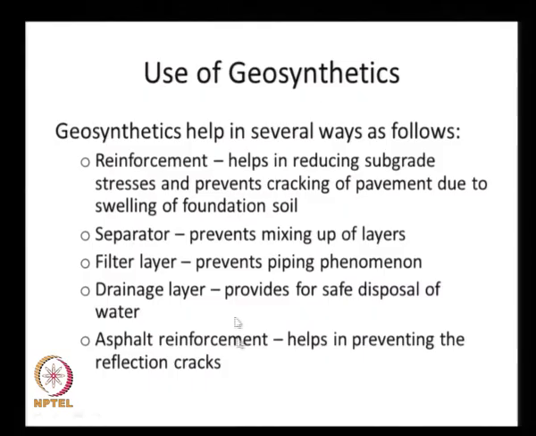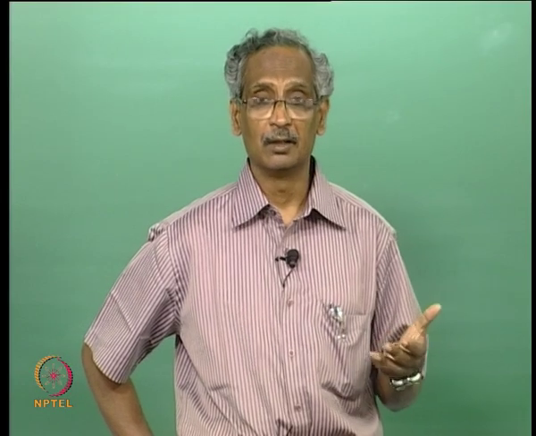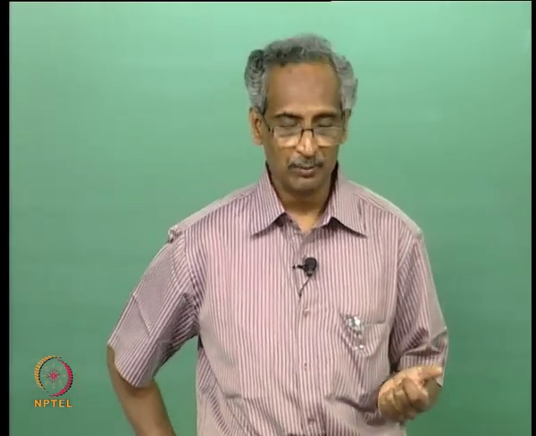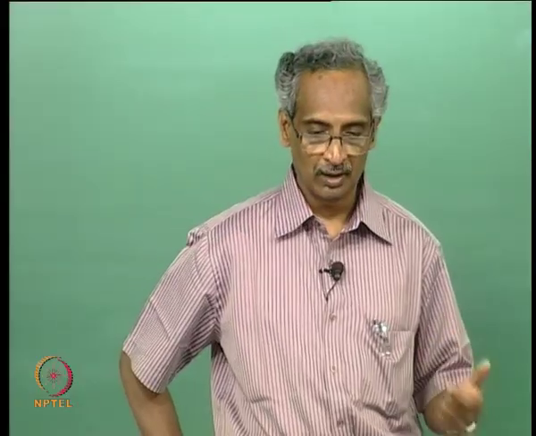They prevent the piping phenomenon, and then as a drainage layer we can use thick non-woven geotextiles very near to the top surface to lead the surface water that is infiltrating into the pavement section away from the pavement. And within the bitumen or the asphalt layer, we can use the paver fabrics to reduce the intensity of the reflection cracking, and that is one main purpose of the geosynthetics.